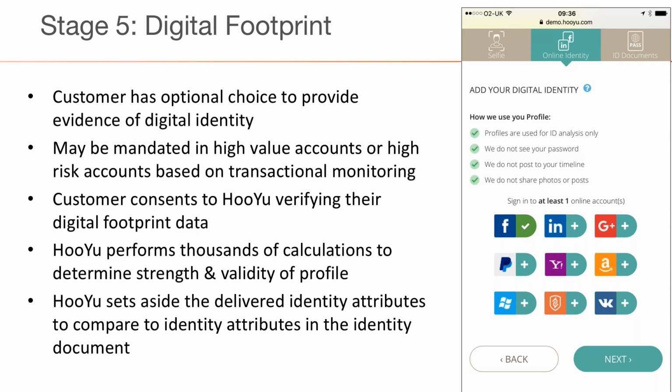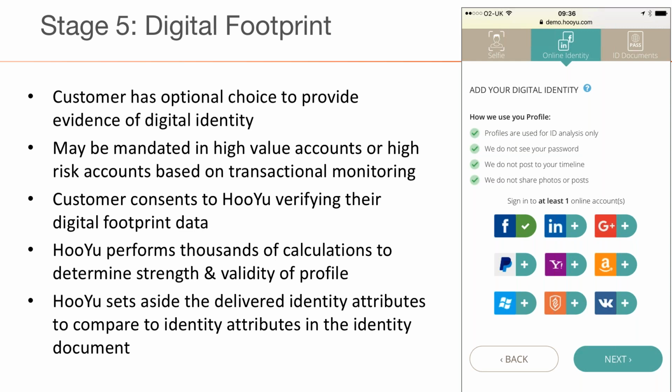But what we've done here is we have integrated into PayPal, LinkedIn, Google+, Yahoo, Facebook, Amazon, Microsoft, and a few others besides. And what we have there is a process whereby when the customer gives their consent, they can then exchange details with HooYu.